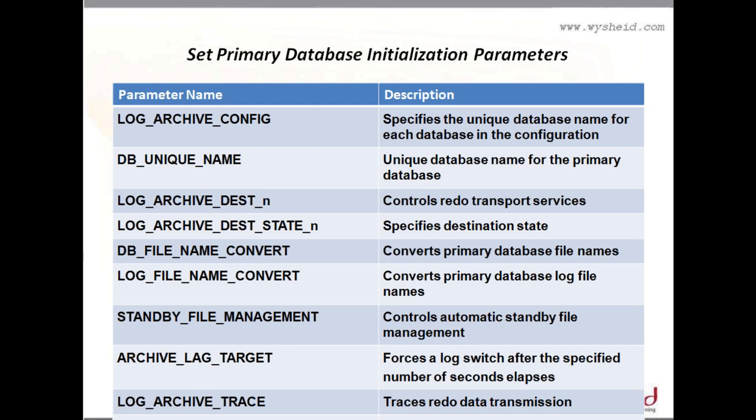The next one is log_archive_dest_state_N, which decides whether Oracle should push the redo information to that location or not. For example, if log_archive_dest_state_2 is set to defer, Oracle will not push the redo information to the destination specified in log_archive_dest_2.